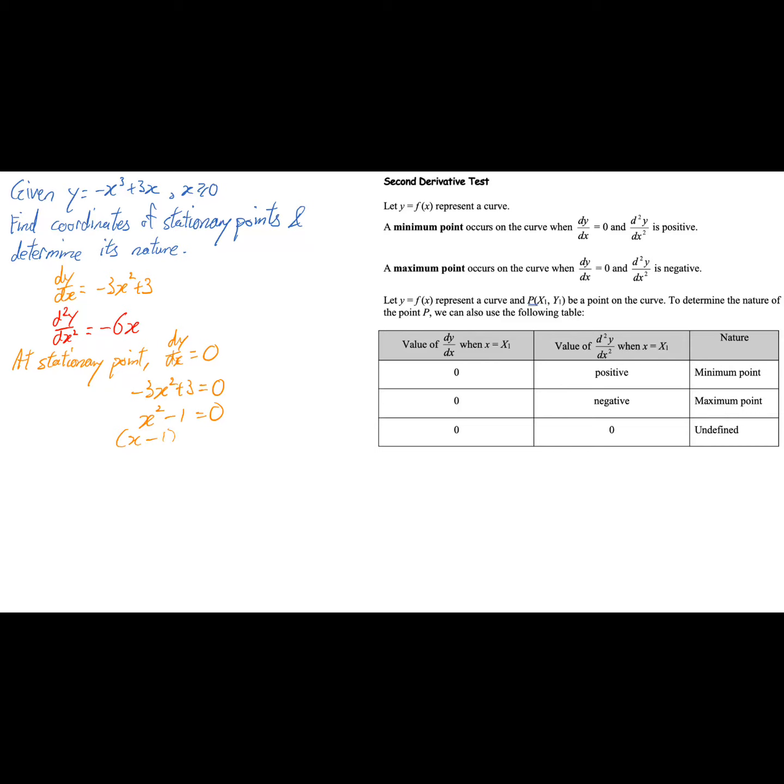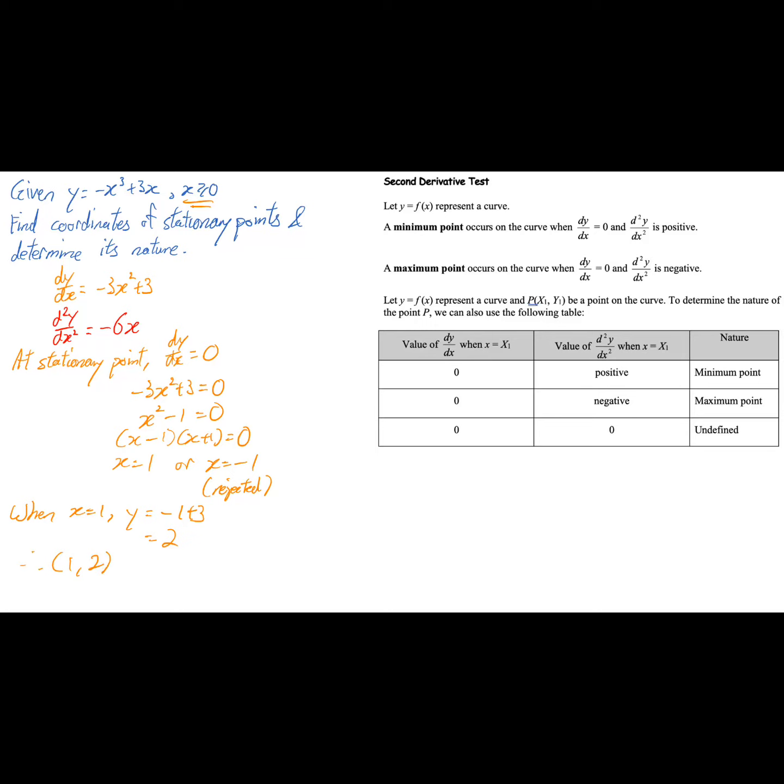We still have (x minus 1)(x plus 1), so x equals 1 or x equals negative 1. Since the question wants x greater than 0, we reject x equals negative 1. To find the coordinates, when x equals 1, y equals negative 1 plus 3. So the coordinates are (1, 2).